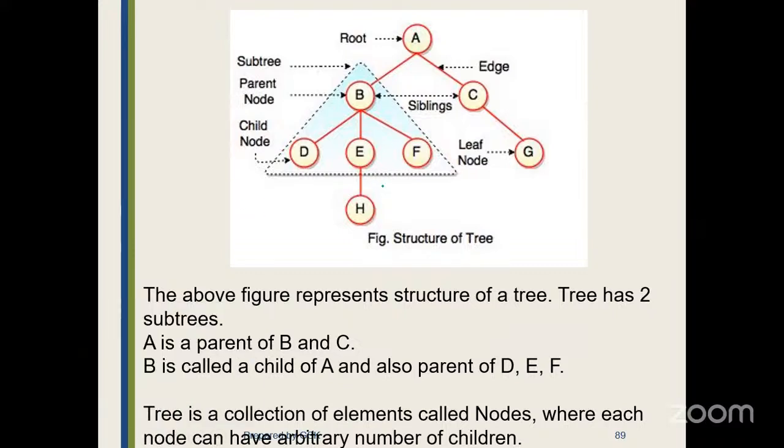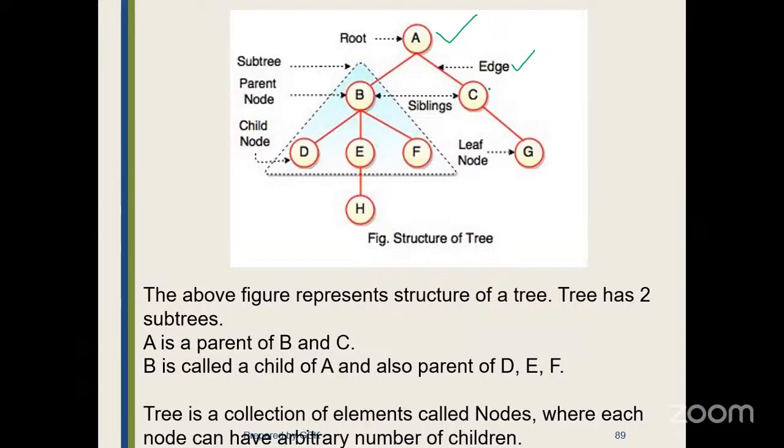Okay. So let me repeat the terminology. The starting node is the root node. The connected lines are called edges. Non-empty nodes are called subtrees. Parts of the tree, left side and right side, create other subtrees.